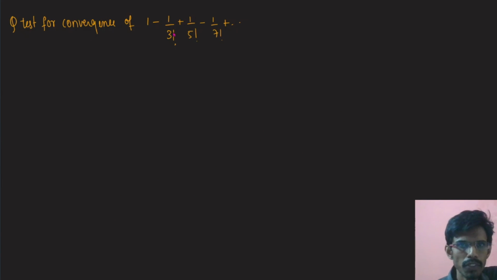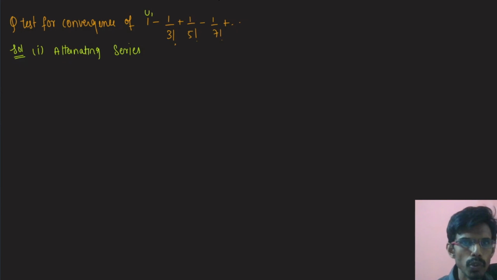Test for convergence of the given series. Now we see alternatively positive and negative sign is there, so given series is alternating. Now first term is u1, second term is u2. See here, 1 by 3 factorial is less than 1.